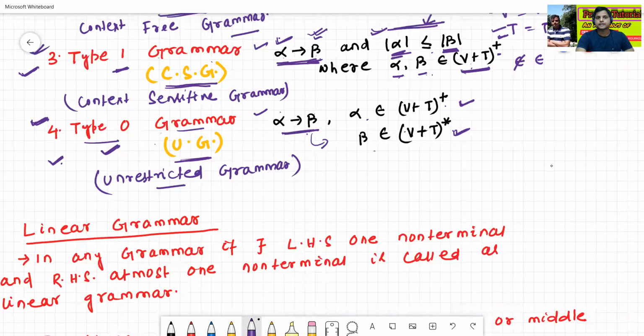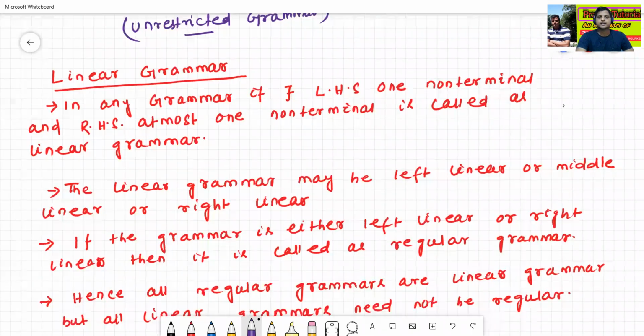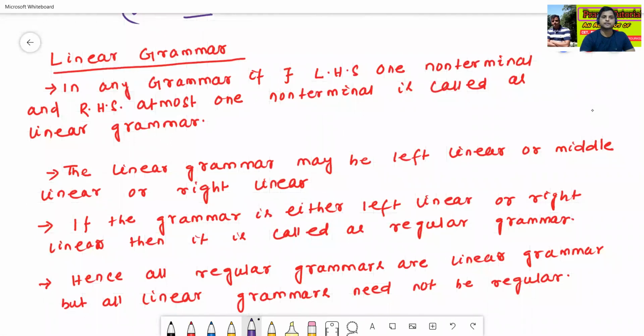Now we'll see the next concept, linear grammar. So what is linear grammar? In any grammar, if there exists in the LHS, the left hand side, one non-terminal, and in the RHS at most one non-terminal, it is called linear grammar.